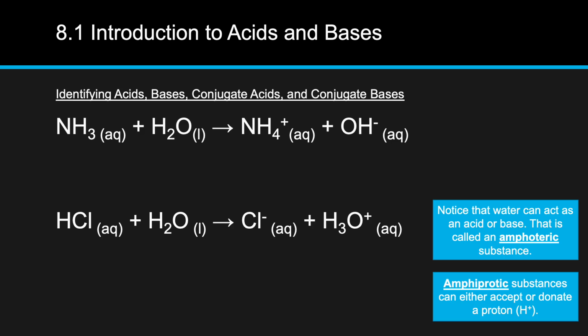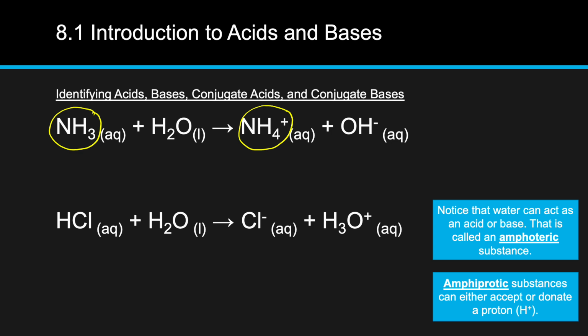All right, so let's make sure we know how to identify the acid, base, conjugate acid, and conjugate base in an acid-base equation. In my opinion, the easiest way to do this is to identify your conjugate acid-base pairs, which remember only differ by one proton. So starting with NH3, my product that only differs by one proton is going to be NH4 plus. And then I can see, did NH3 donate or accept a proton? We can see that it accepted a proton because it went from 3 hydrogens to 4 hydrogens.